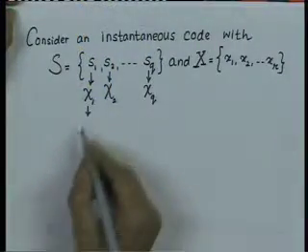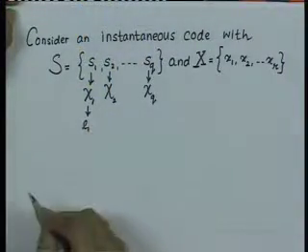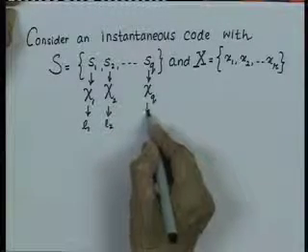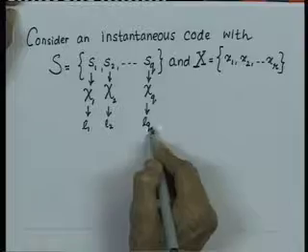Now, each of these code words is a sequence of code symbols chosen from the code alphabet X. So, each of these will have a length: L1, L2 and LQ.